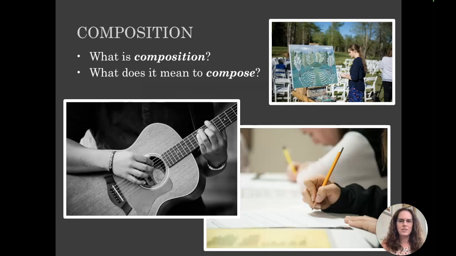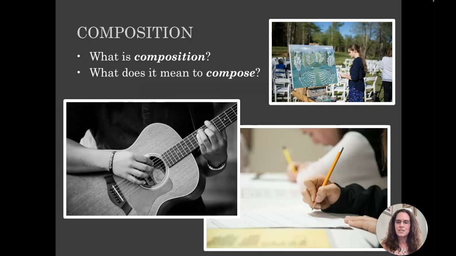What is composition? Composition means a lot of things to a lot of different people. For musicians, it can be composing music, writing music, creating music. For artists, it's composing their art, whether it's painting or plaster or sculpture, whatever, but they're creating it.